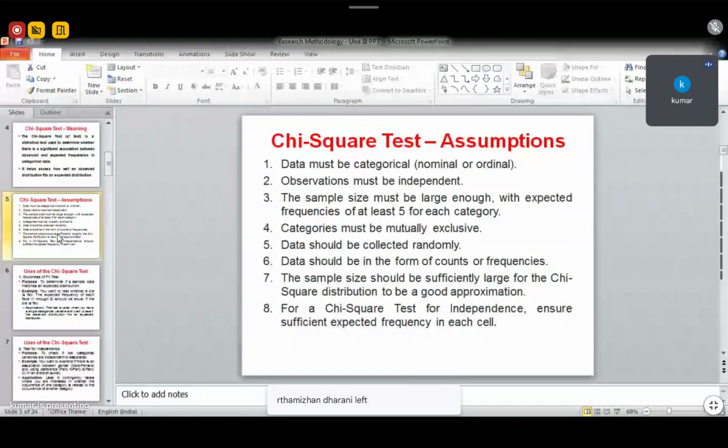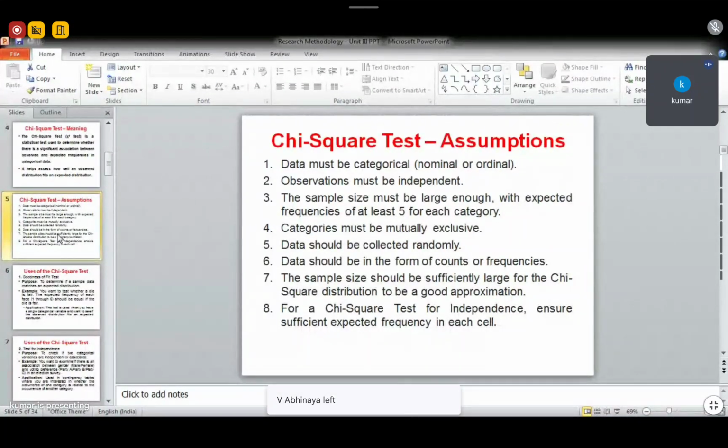Data must be categorical. Number two, the observations must be independent. The sample size must be large enough with expected frequencies of at least 5 for each category, so minimum 5 data should be there. Categories must be mutually exclusive. The data should be collected randomly, that is, random sampling method is to be adopted.